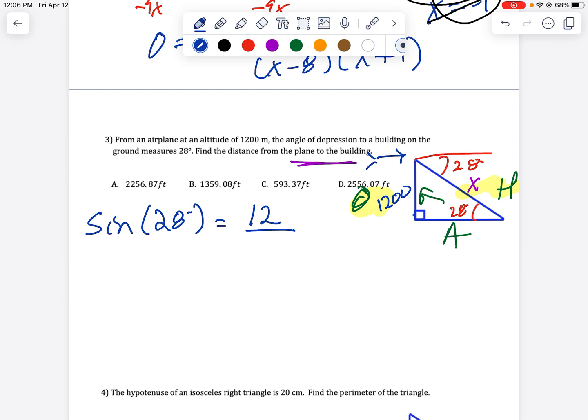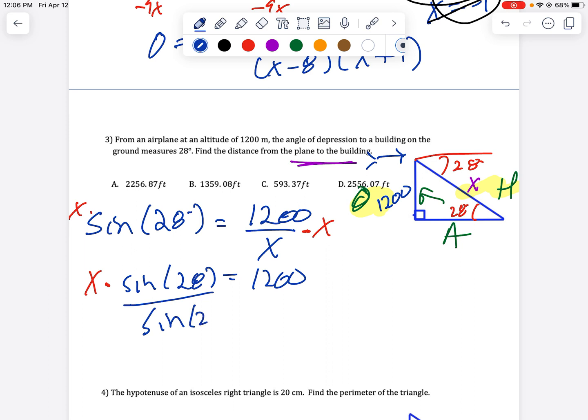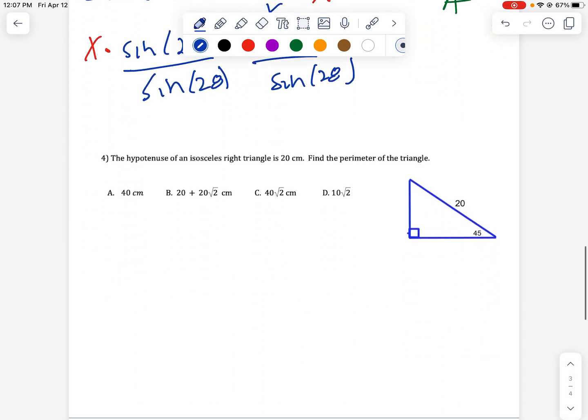The opposite side is 1,200. The hypotenuse is x. Clear out my denominator: x times the sine of 28 equals 1,200, and then divide both sides by the sine of 28. You should get part D, 2,556.07 feet.